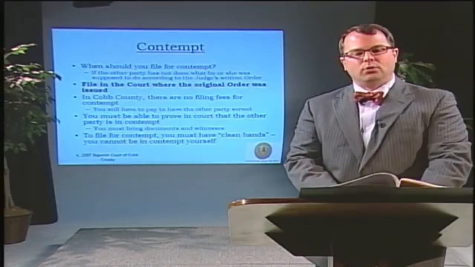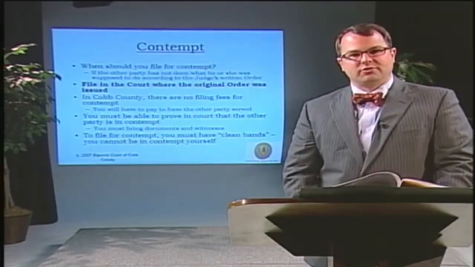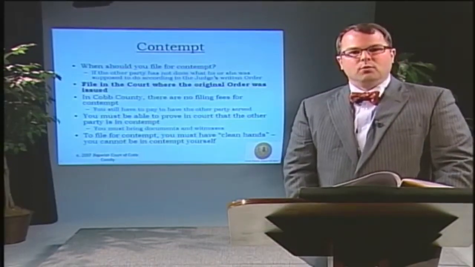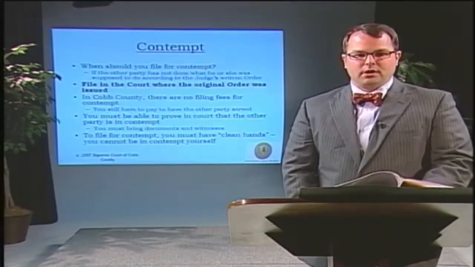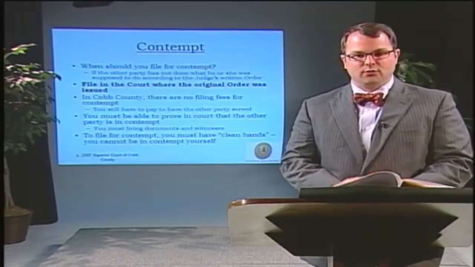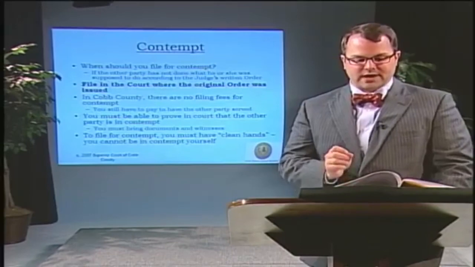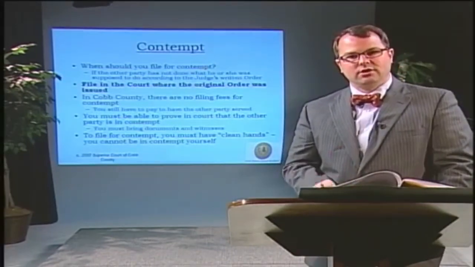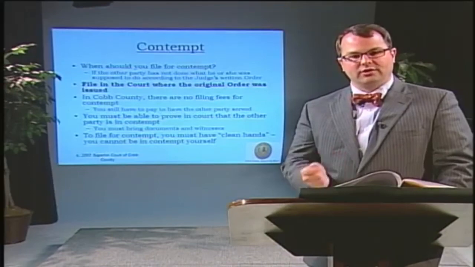In the packet of forms that we'll talk about in a minute is a sample petition for citation of contempt. The one thing to keep in mind about this form, other than the general rules, which is to fill it out completely, to write legibly, and so forth, is to make sure that you specify in this form what the other party has or has not done that has brought about the contempt action.